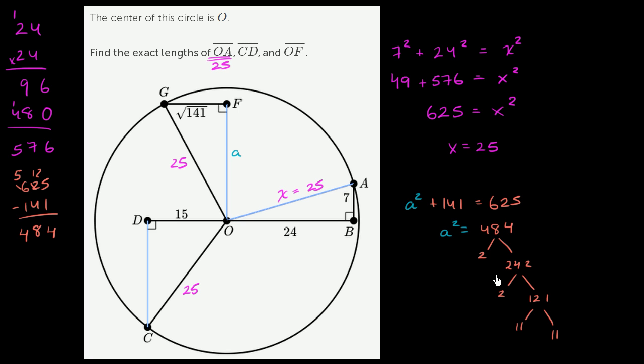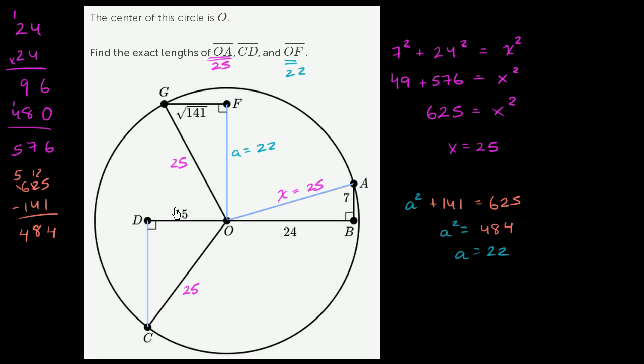So 484 is equal to 2 squared times 11 squared, which is the same thing as 2 times 11 squared, which is 22 squared. So A is equal to 22. And that's the length of segment OF.